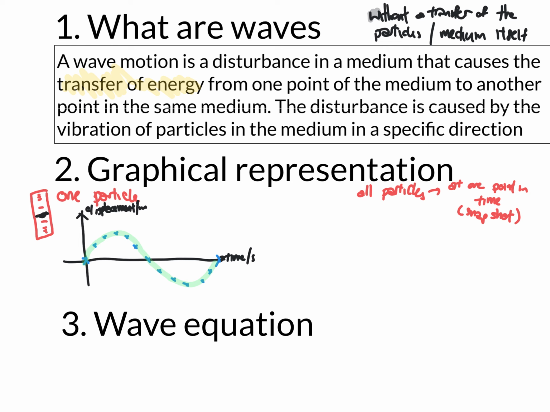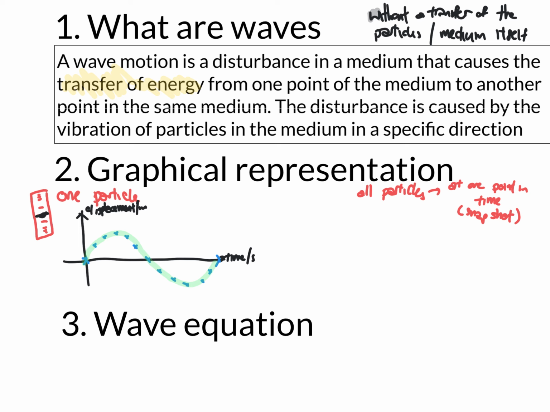Because if there's no wave going through it, the particle will just be staying here. Over time, there's no displacement. But now that the wave has gone through, we realize the particles start moving. At each point in time, it moves a certain distance away from my rest position, my equilibrium position. So we get such a graph, and that's a displacement-time graph.